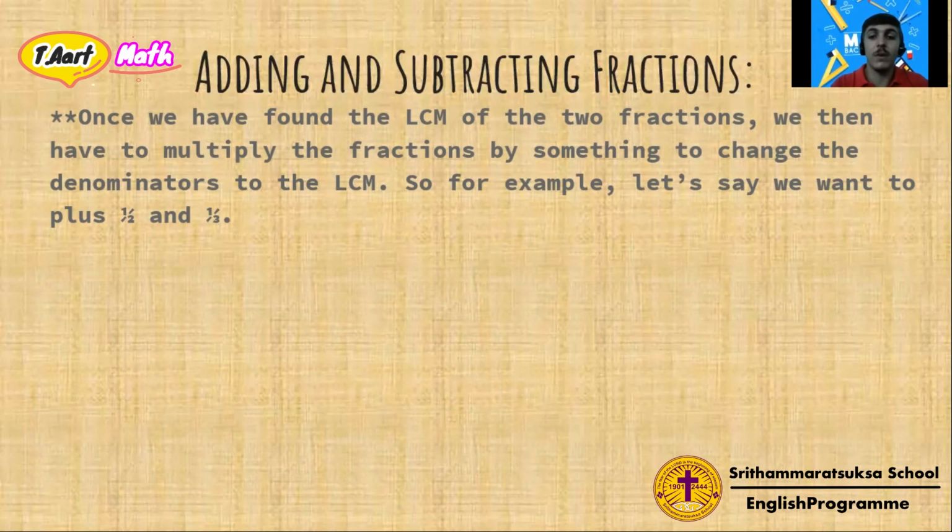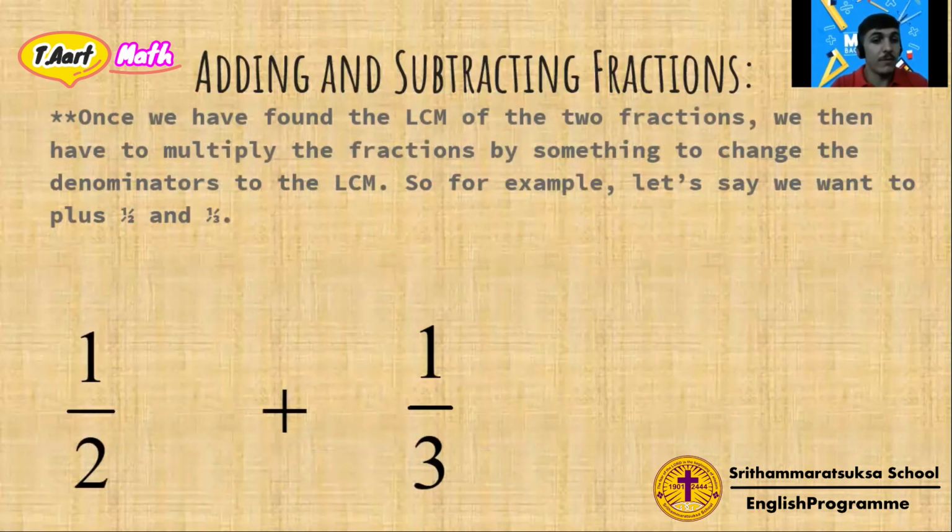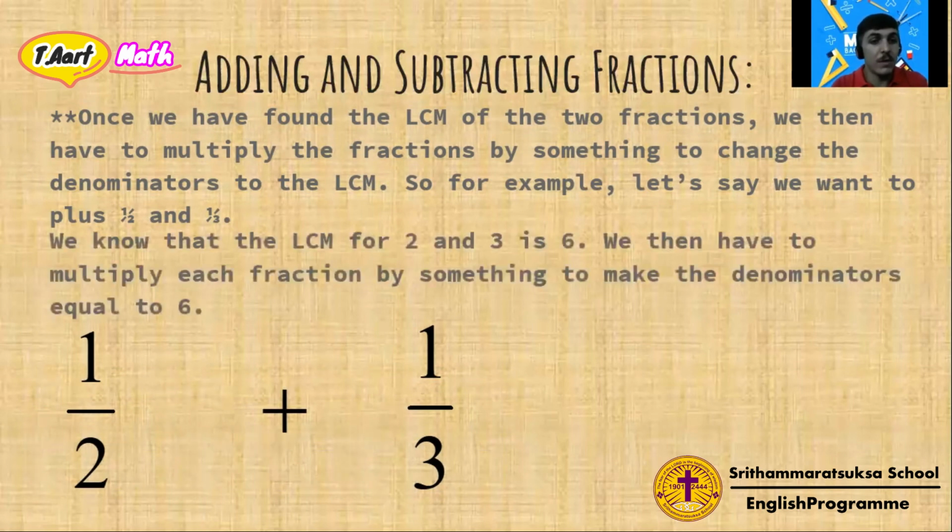So for example, let's say we want to add 1 over 2 and 1 over 3. The denominators are different, so we first need to find the LCM, and we know from the previous example that the LCM of 2 and 3 is 6. We then have to multiply each fraction by some number to make the denominator equal to 6. 2 times 3 gives us 6, and when we're dealing with fractions, when we multiply the bottom number, we have to multiply the top number as well.